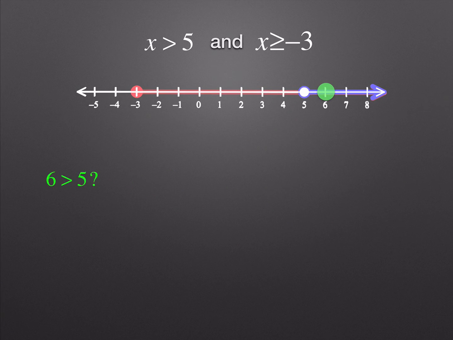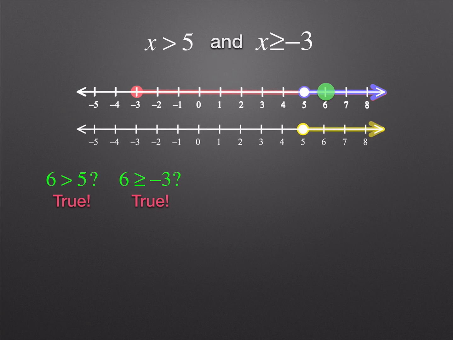What if we try over here at 6? Is 6 greater than 5? That's true. Is 6 greater than or equal to -3? That's true. That means that my solution is that area from 5 on, and where you see on the yellow graph. Now, if you think about what's going on, that area is where the red graph and the blue graph overlap.